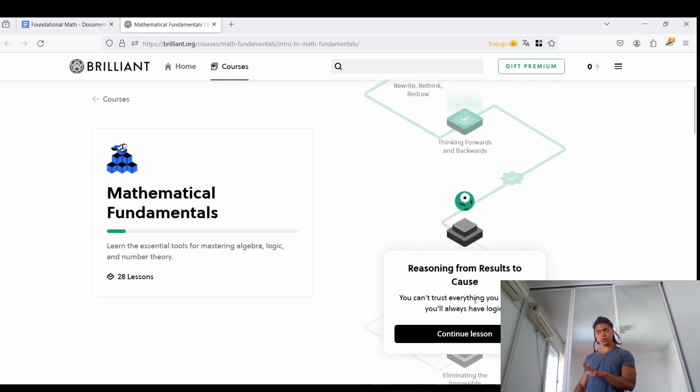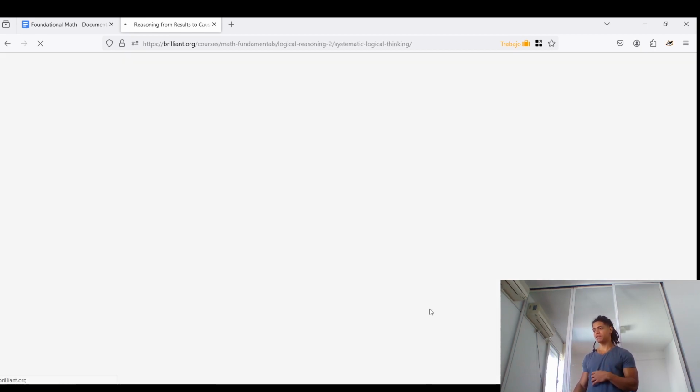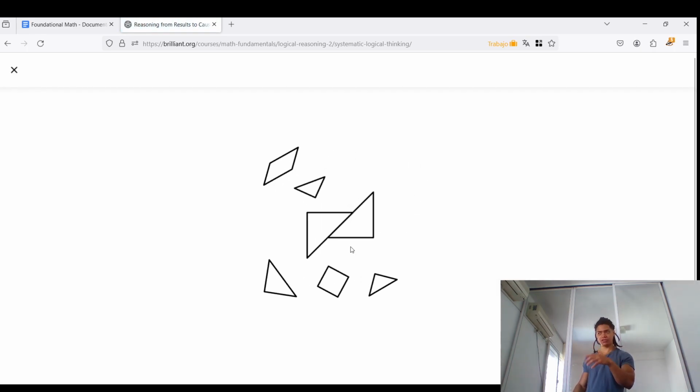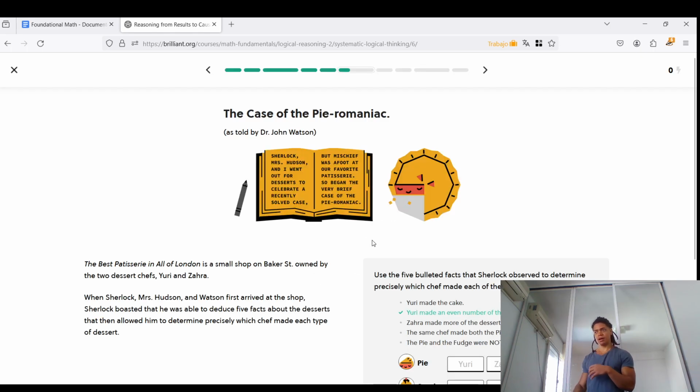That's exactly what we're doing here: reasoning from result to cause. You can trust everything you hear, but you always have logic. So after we understand these couple of examples, all right.